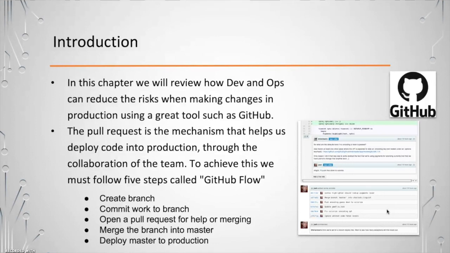Once we have a change in the application, we push to the GitHub repository and we allow the other part of the group to see these changes. You can also write comments and make other changes. The pull request is the mechanism that helps us to deploy the code into production through collaboration of the team.